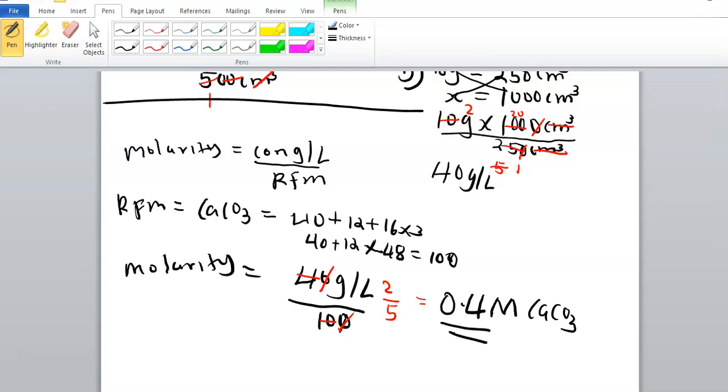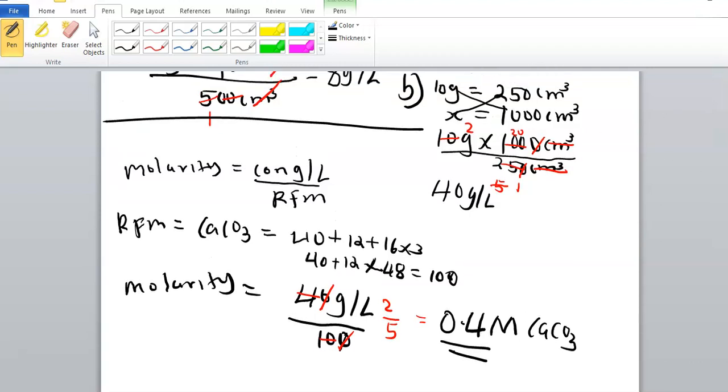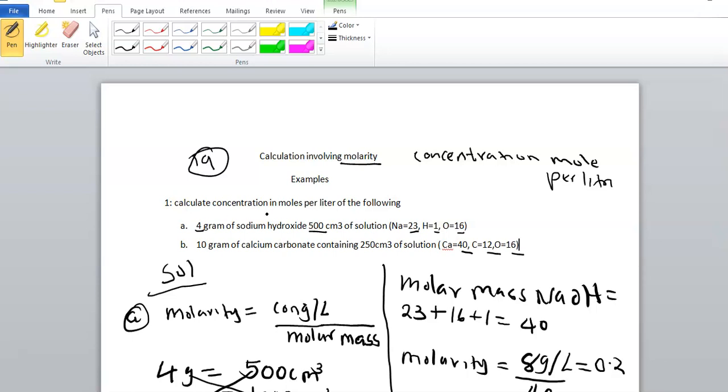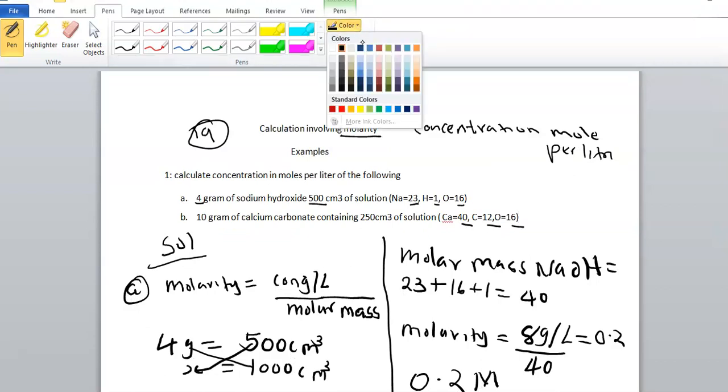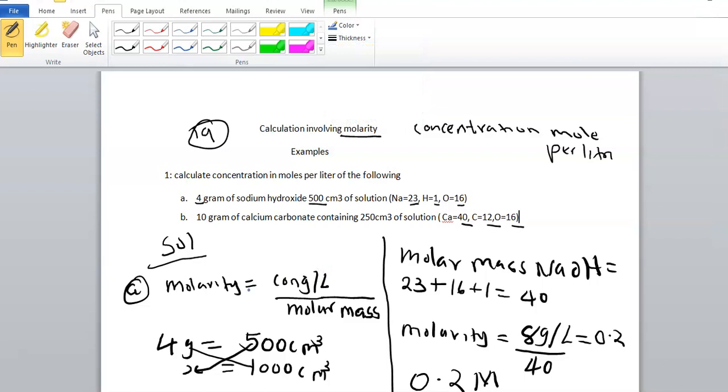Yes, guys, if I summarize now, when you are told to calculate concentration in moles per liter, this is what you do. First, you have to get the concentration in gram per liter by equating the mass and the total volume, and then 1000.